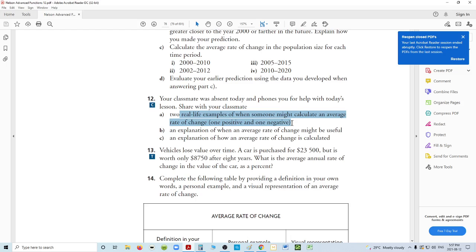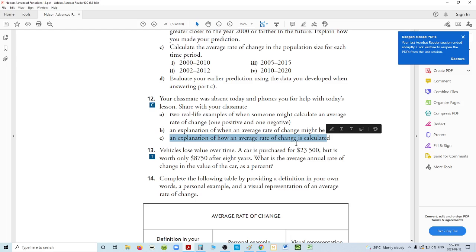When might it be useful? Probably analyzing your savings over a long period of time. And how would you explain it? You're taking the slope between 2 points on a curve, and then once you find that slope, you can see how quickly those 2 points are changing.